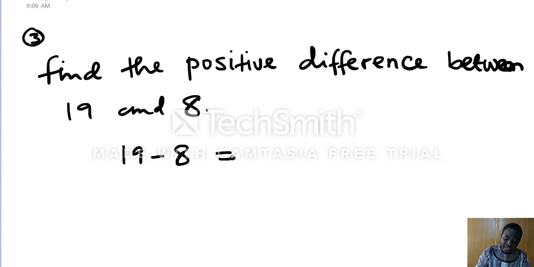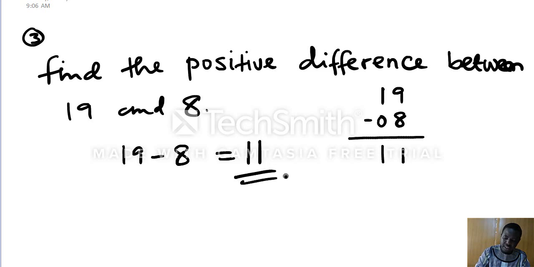So therefore 19 minus 8: 9 minus 8 is 1, and 1 minus 0 is 1. So 19 minus 8 is 11. So this is the positive difference between 19 and 8. Don't forget, positive difference is the larger number minus the smaller number. And if you do the opposite, it gives you a negative difference.